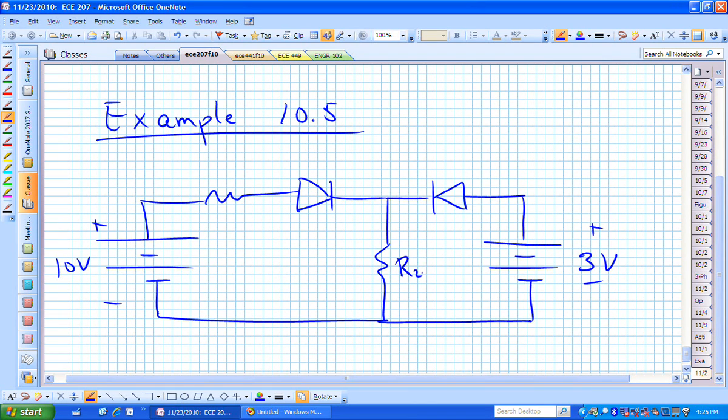Let's say this is R2, and let's say that's 6K ohms, and let's say R1 is 4K ohms. And those are now diodes, ideal. Diode 1, D sub 1, and diode 2, D sub 2.